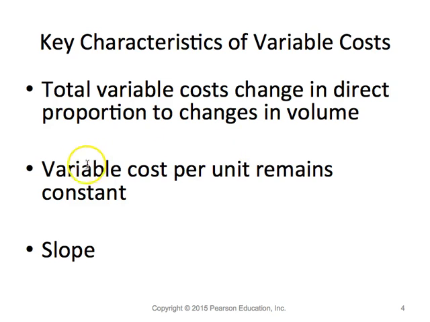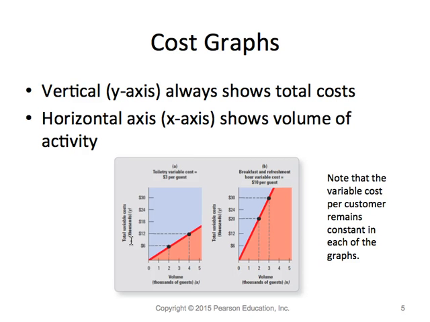Basically, this variable cost per unit is the slope. We talked about the geometry, right? In geometry, we have coordinates, an x axis and a y axis, so you can find the slope of a line. So we're going to take a look here.